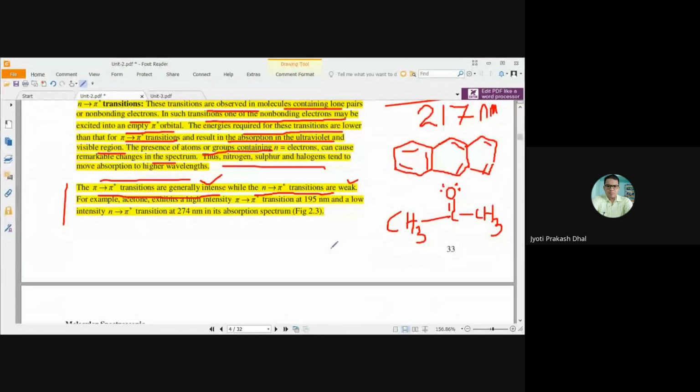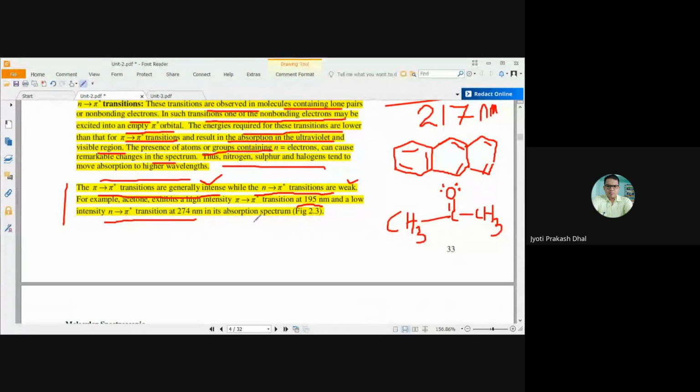In the case of acetone, the pi to pi star transition takes place at 195 nanometer, that is not within the UV visible region, but the n to pi star transition occurs at 274 nanometer, that occurs within the UV and visible region.